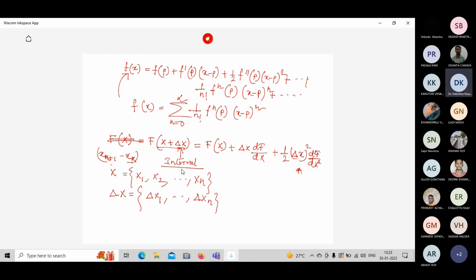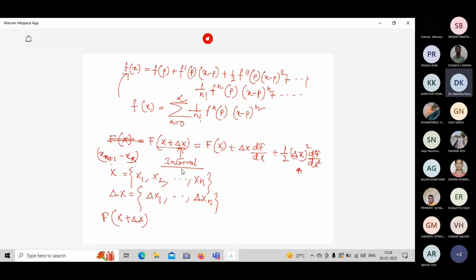Now for n number of variables and n number of intervals, we can write the Taylor series for the first three terms as f of x plus del x. Here del x is a vector, not a scalar. Previously we found del x is a scalar as well as x, the single variable, is a scalar.